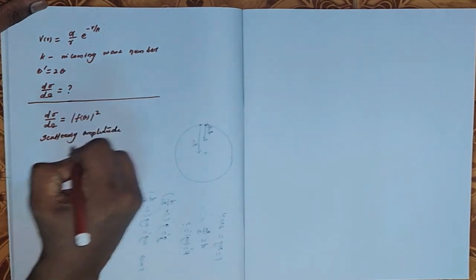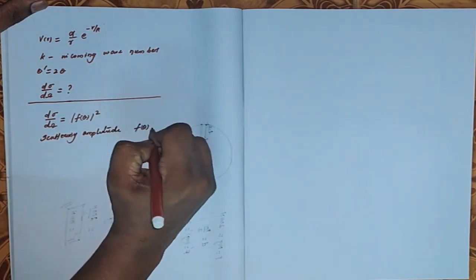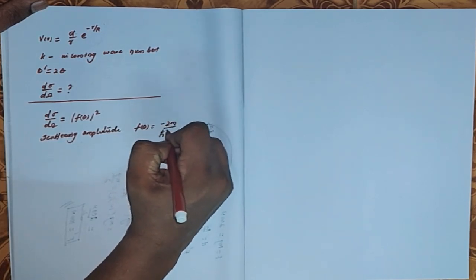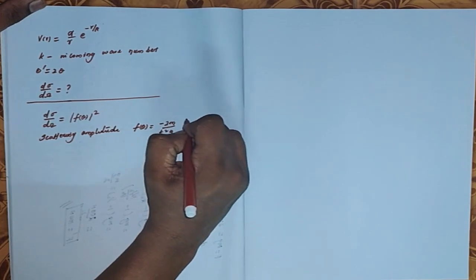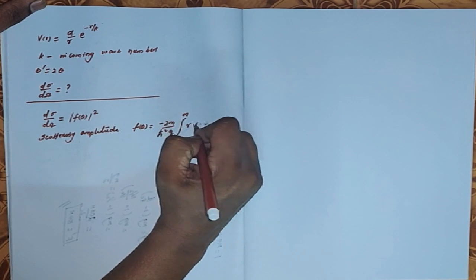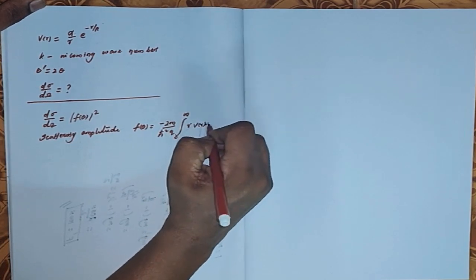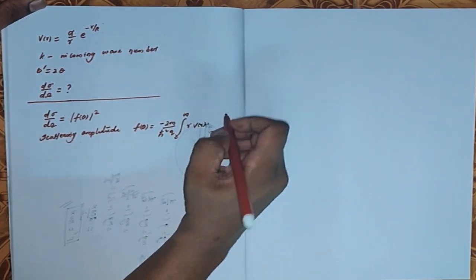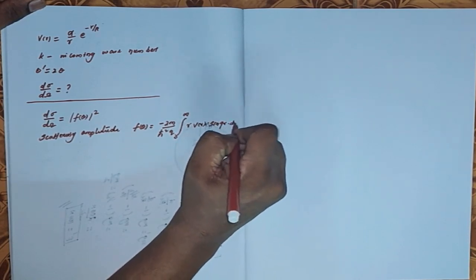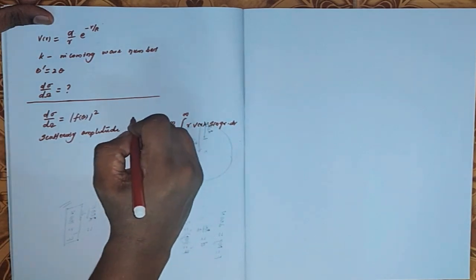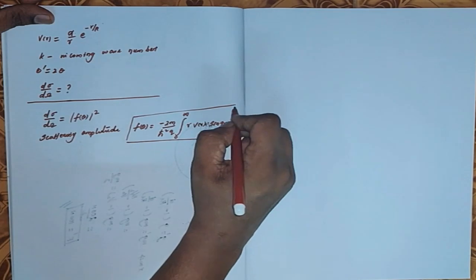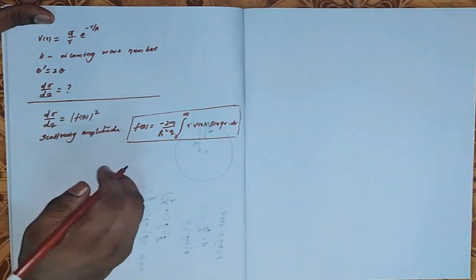The scattering amplitude f of theta in the Born approximation is equal to minus 2m divided by h cut square q, integral over 0 to infinity of r times the spherically symmetric potential times sine of qr dr. This is the scattering amplitude experienced by the scattered particle whenever it is interacting with, or scattered by, the target.